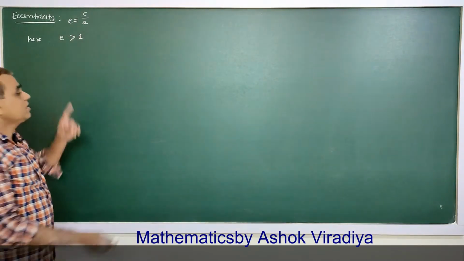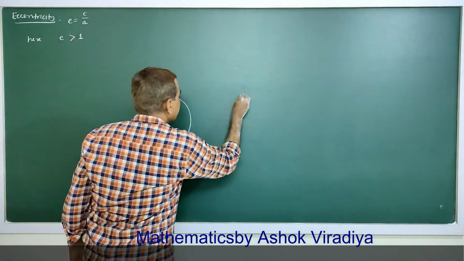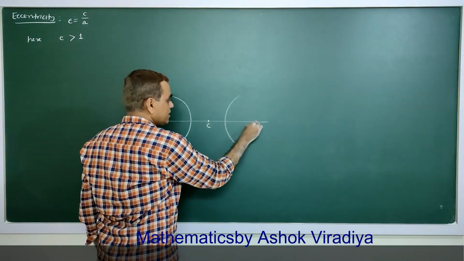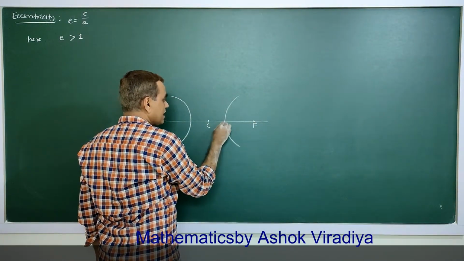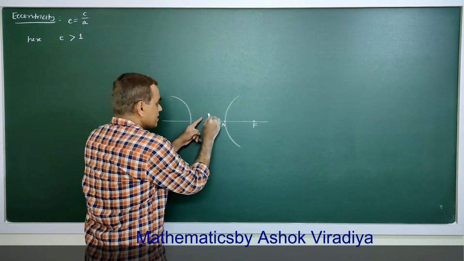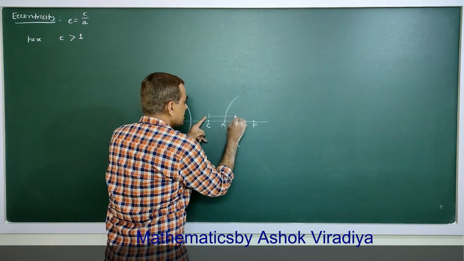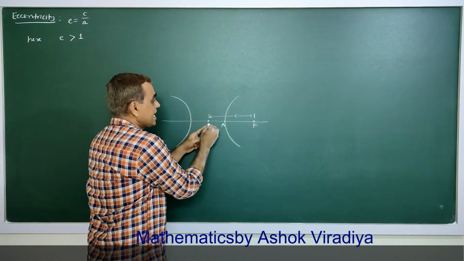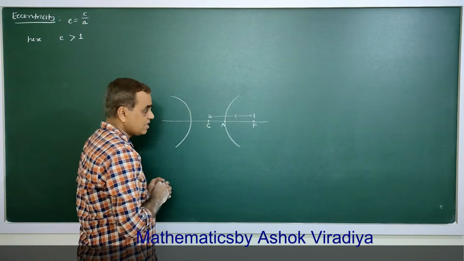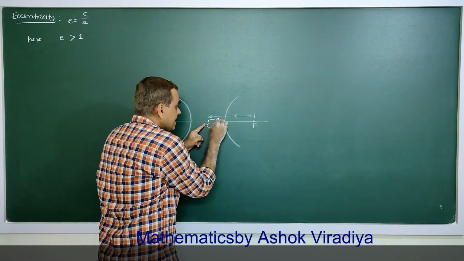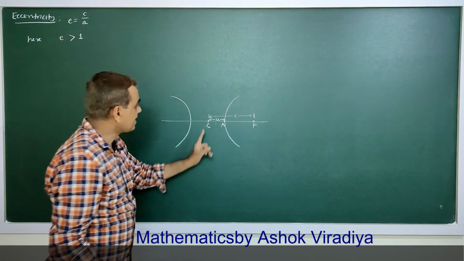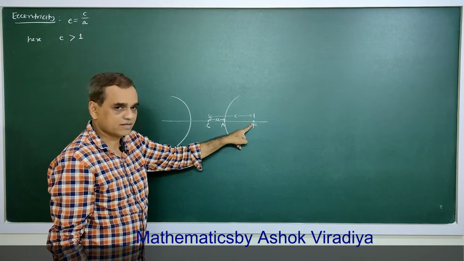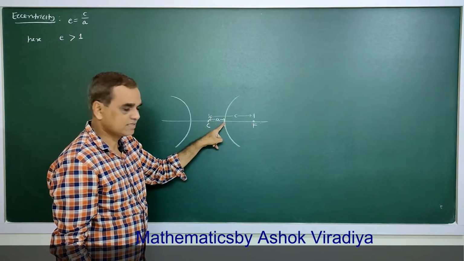Because here, as we discussed, in case of hyperbola, this is center, this is foci, here vertex. The distance from center to focus is C, and the distance of vertex is denoted as A, and you can see that this point is further than this point.